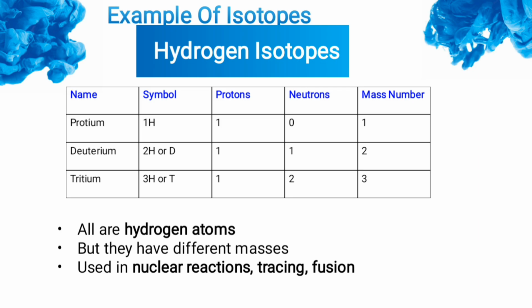While in deuterium, there is one proton and one neutron, so its mass number is 2. In tritium, there is one proton and two neutrons, so its mass number is 3. My dear student, all are hydrogen atoms, but they have different masses. They are used in nuclear reactions like fission and fusion.